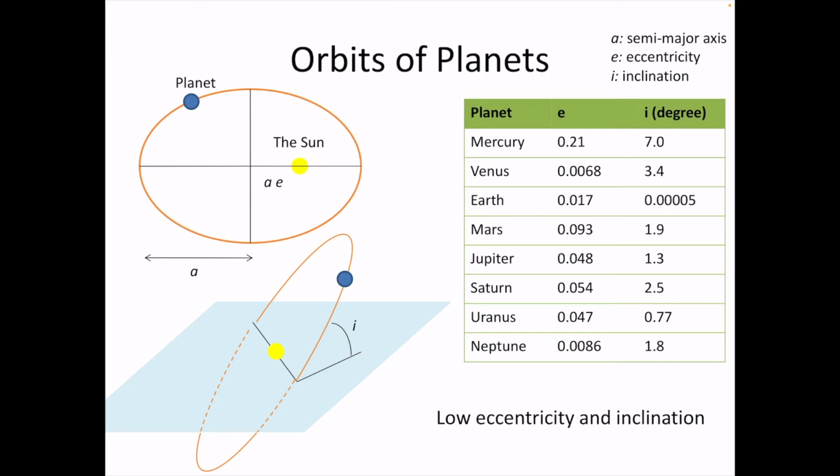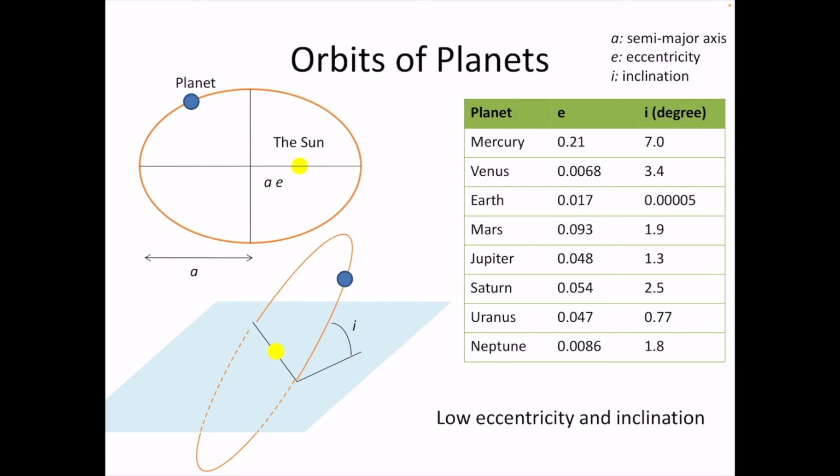To describe the orbit of a planet, we consider the eccentricity and the inclination. Eccentricity shows the deviation of the orbit from a circle. If you draw the ellipse, the distance between the center and the position of the Sun is expressed as A times E, where A is the semi-major axis of the orbit. This table shows the eccentricity and the inclination of each planet.